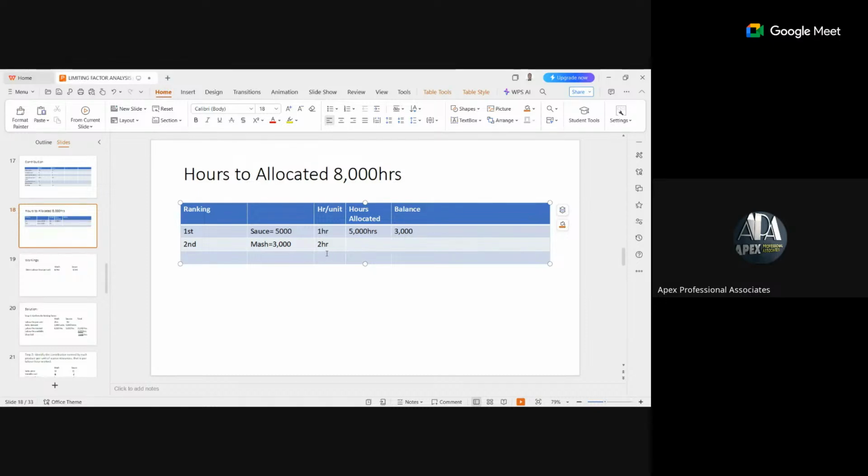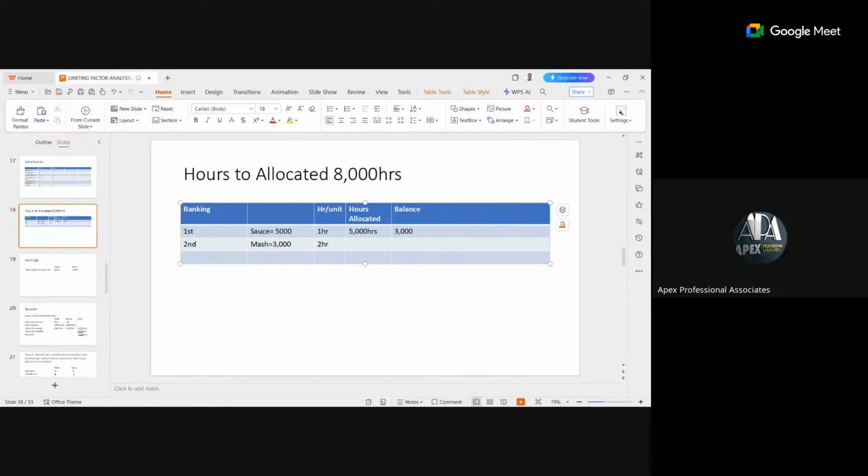For us to produce mesh, we need 2 hours to produce 1 unit. How many hours do we need to produce 3,000 units? 6,000 hours. Do we have the 6,000 hours based on this balance? We don't have it. We only have 3,000 left.